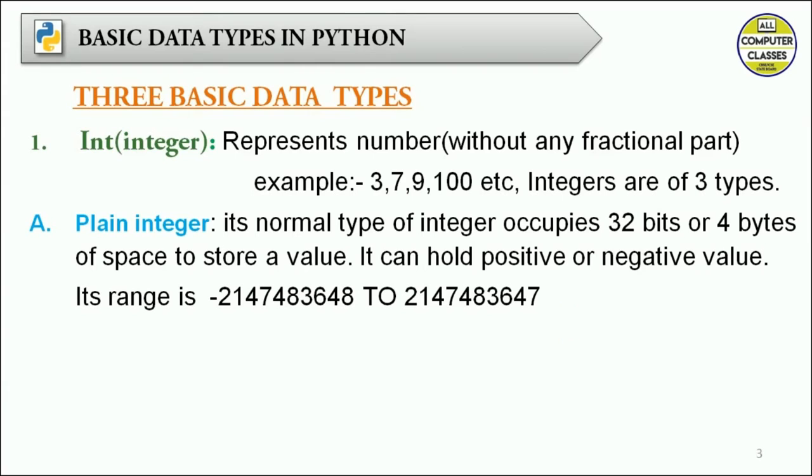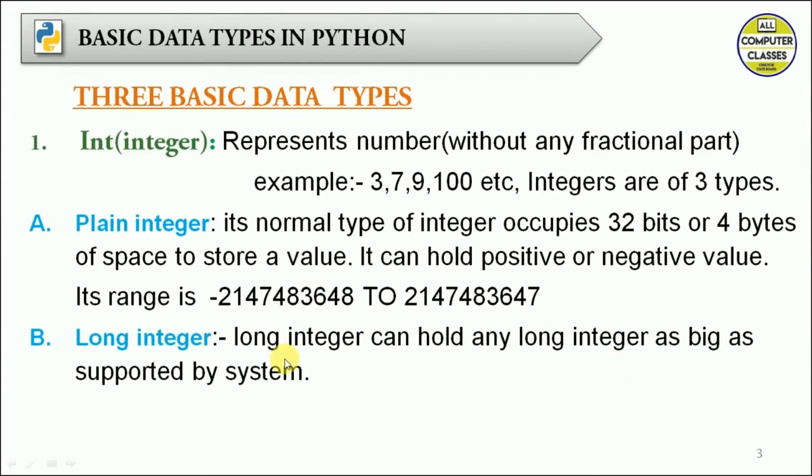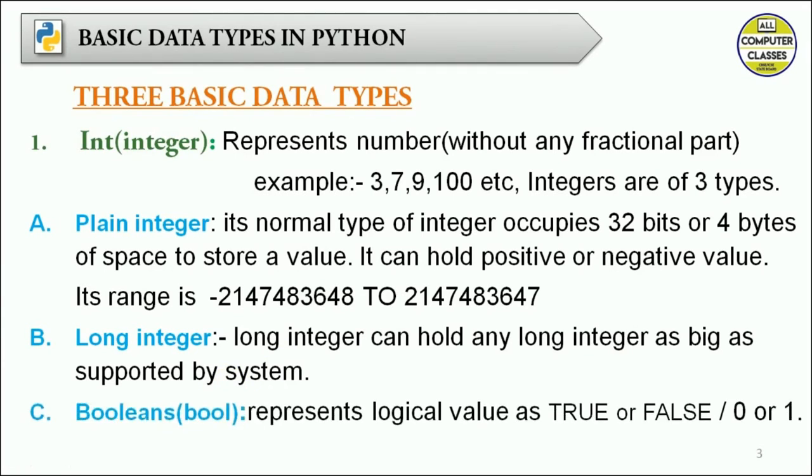Okay, then next is long integer. So long integer has even bigger range, and that means depend upon the capacity of the system, right? And the third is boolean. So boolean means bool. It is written as bool, and it represent value like true or false, 0 and 1. Okay, so like you are giving your phone number, so you will be using your integer data type, right?